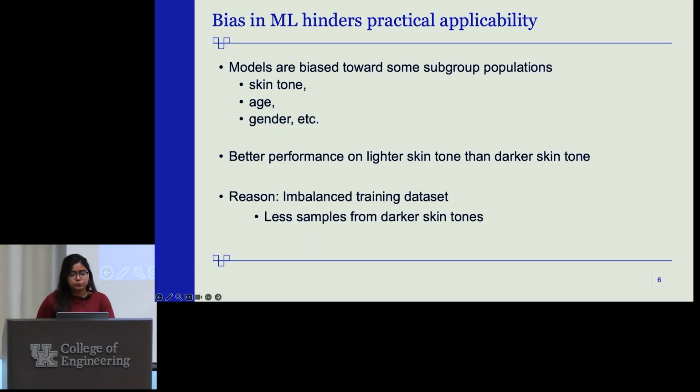One of the major reasons behind this bias is that the training dataset does not contain as many samples from the minor attributes as the major attributes. So if we compare the skin tones, there are not many samples for darker skin tones compared to the lighter skin tone.